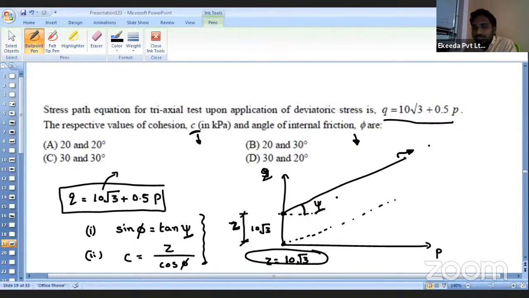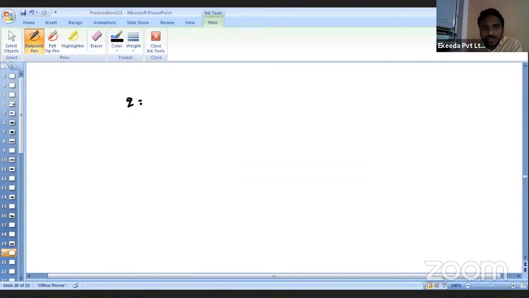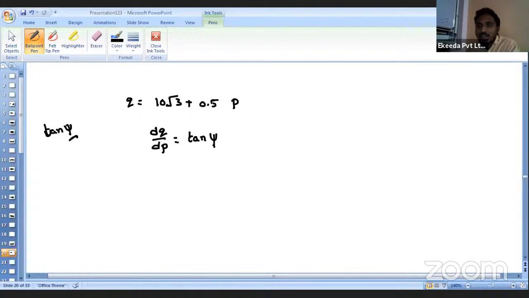If I differentiate this function with respect to p, that is nothing but my slope. I have the function q, which is 10 root 3 plus 0.5p. I need tan psi, so if I need the slope, I should differentiate it. dq by dp, if you remember this, I can also write it as tan psi.